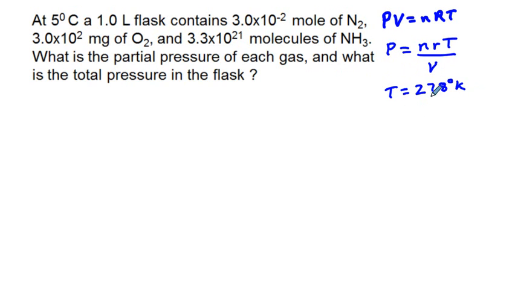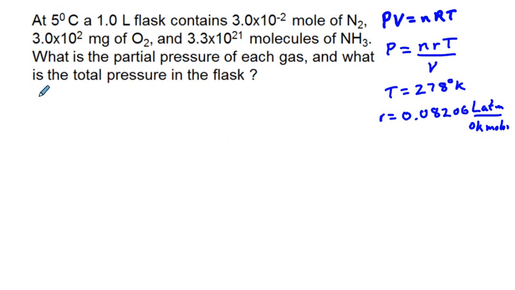And as far as our R, it's going to be our universal gas constant, 0.08206, and our units for that are going to be liters atmosphere over degrees Kelvin moles. And these things are going to cancel out here.